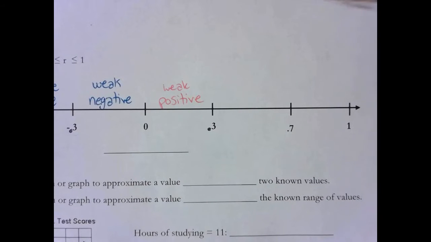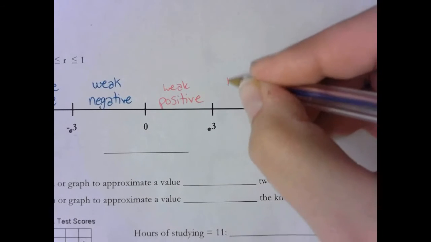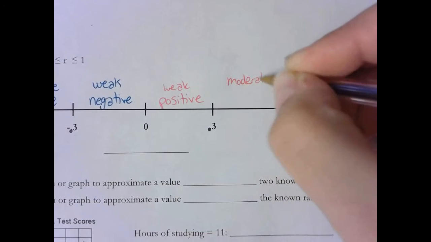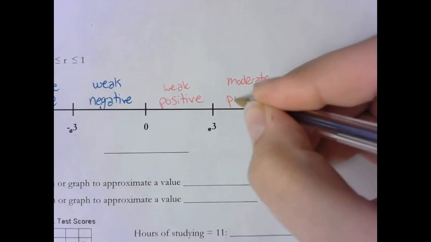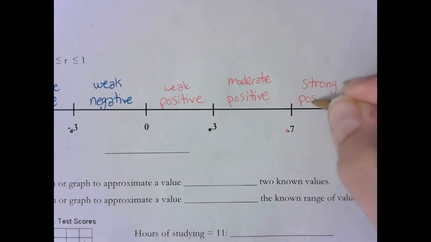If you have a correlation coefficient between 0.3 and 0.7, that's going to be a moderate positive correlation. And finally, if our R is between 0.7 and 1, you're going to have a strong positive correlation.